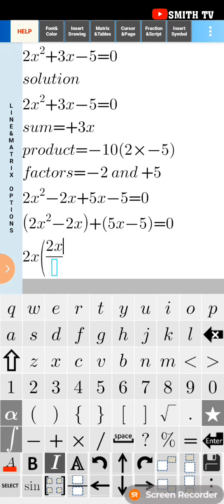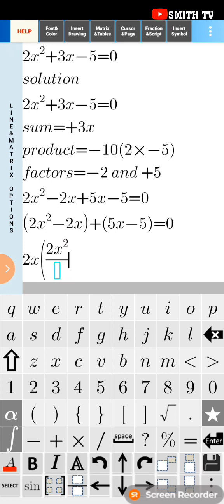So 2x squared divided by 2x, minus 2x divided by 2x. Now close the bracket.